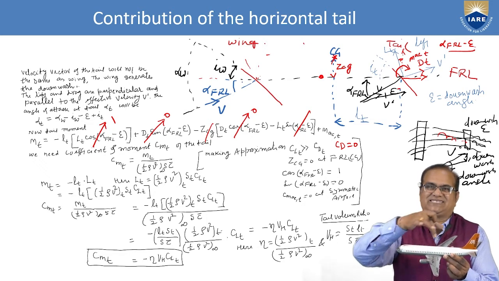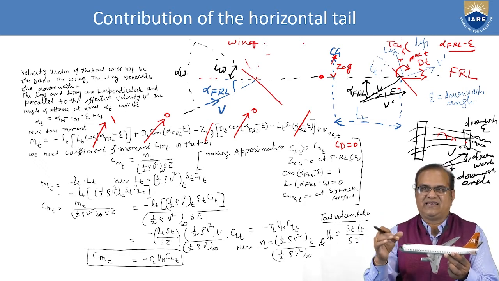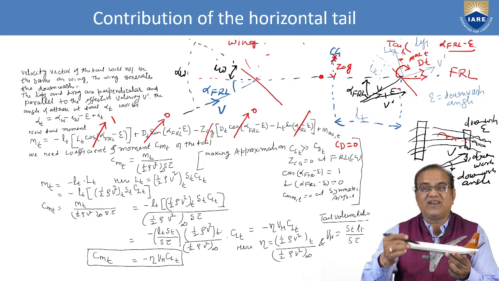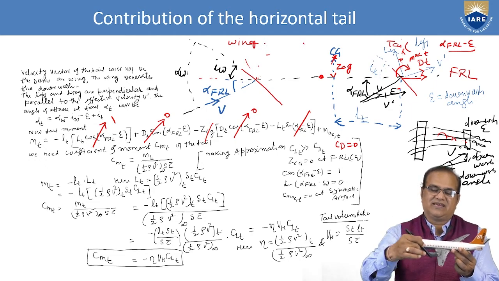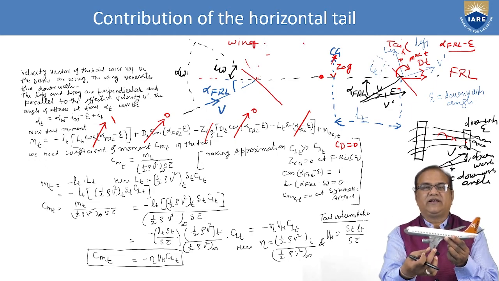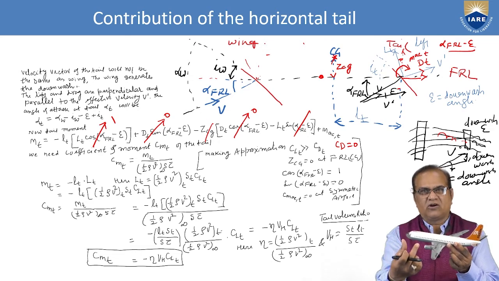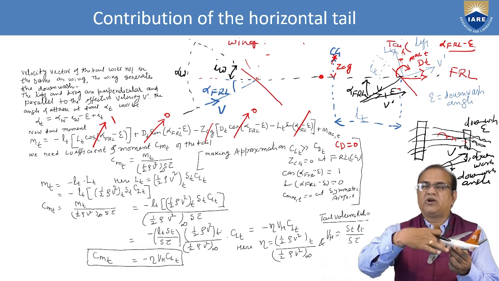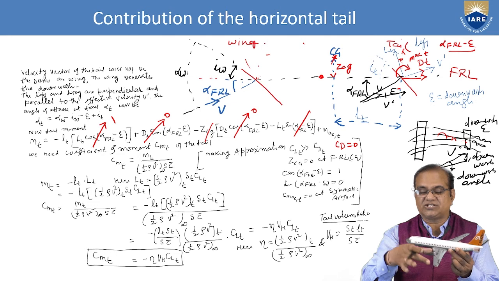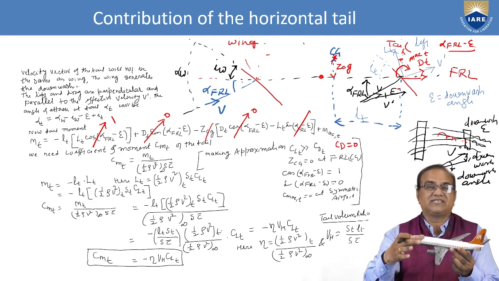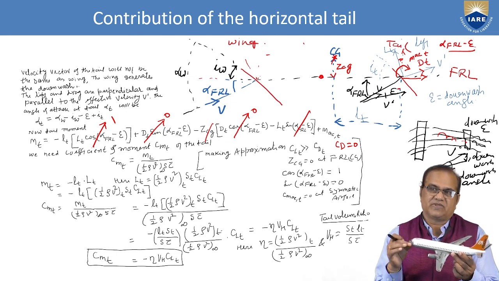So like this plus this, you will get S. C bar is the average C of the wing. Here at the tip you have the small chord, at the root you have the big chord. You have to take the average chord of the whole wing. That is called the C bar.